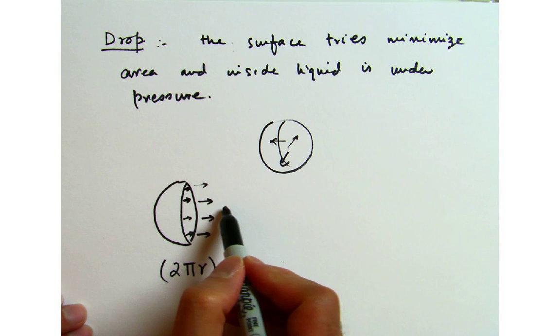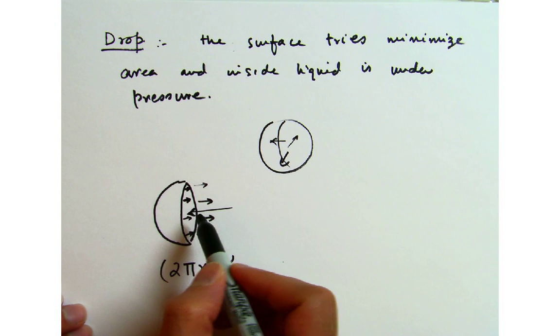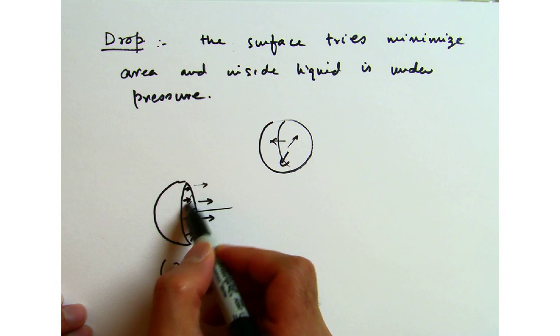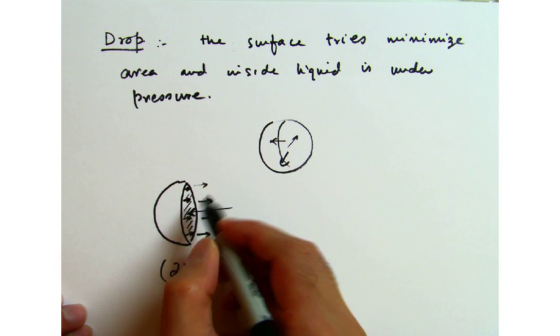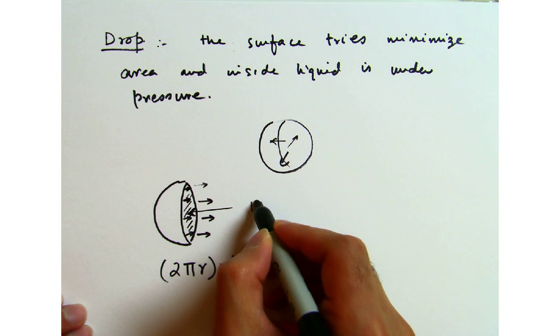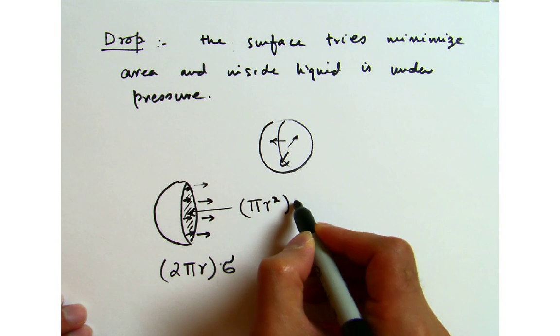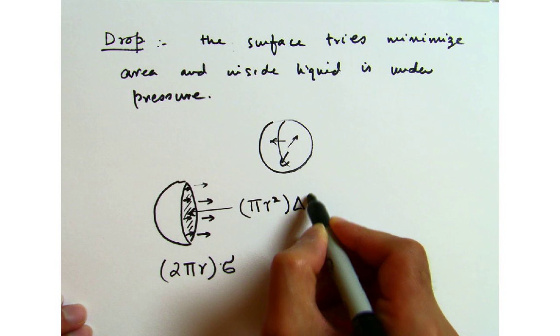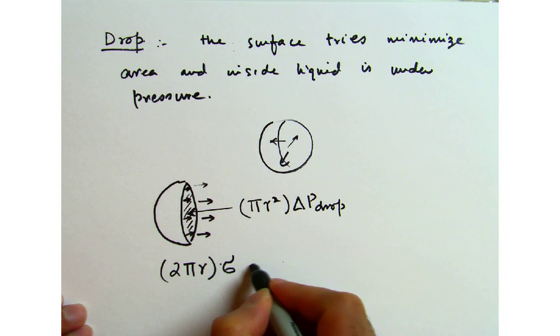And then you have the pressure that will build inside, and it will be acting on the whole cross-sectional area, which is pi r square, times delta p of the drop. I will mention what delta p is, but these two forces have to be equal.